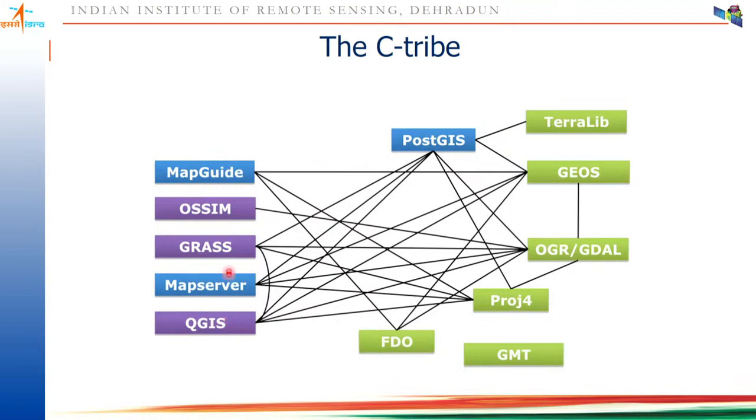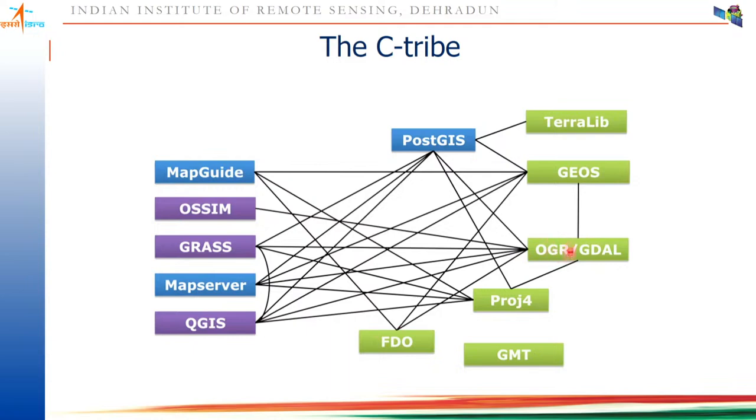So for example, QGIS, GRASS, Awesome, these are all primarily written in C++. Then softwares which help you do web-based mapping like Map Server, Map Guide, and database like PostGIS, and all these programming libraries, Proj, FD, OGMT, OGR, GDAL, GEOS, they are all C-based. And they are all very dependent on each other, or they all talk to each other. They are all interfaced with each other.